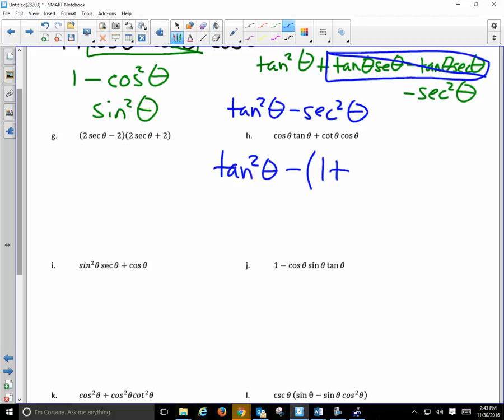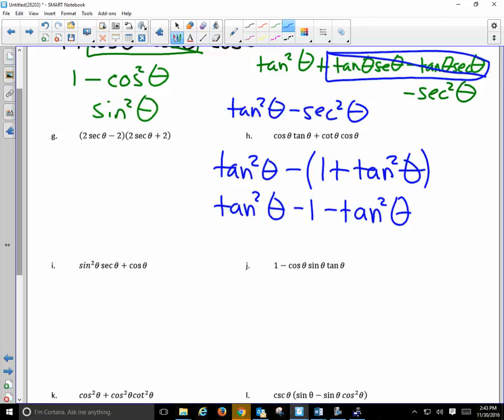I could write 1 plus tangent squared. So let's say you want to do it like that instead. You didn't like my other way, okay? I distribute the negative, and I get tangent squared minus 1 minus tangent squared. What happens? Tangent squares go away. You're left with negative 1. So there's multiple ways of doing it.